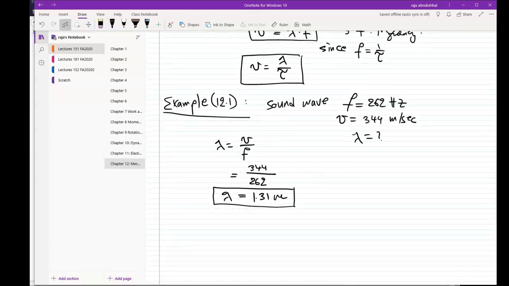Now, in order for waves to propagate or to move, they need a medium. You see what I'm saying? For example, I'm talking to you right now, and let's assume that I'm talking to you live. Let's say you're in front of me, and you can hear me. The reason you can hear me is because there is air between us. And when I produce my sound wave from my throat, those sound waves are carried on the air molecules, and then they are transmitted to your ear, if you will.